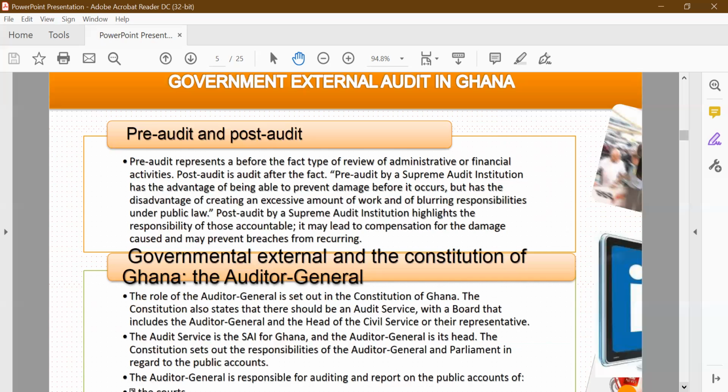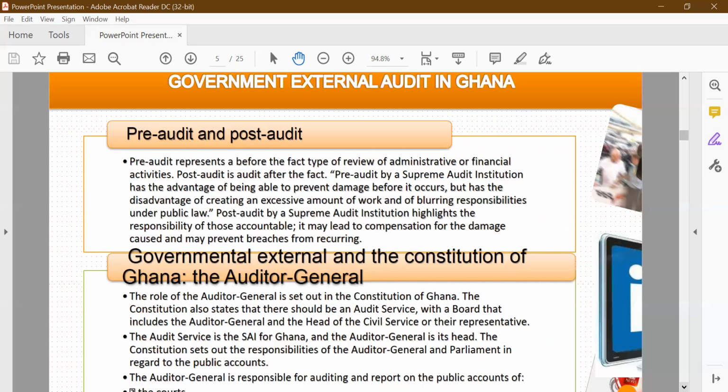Now, post-audit highlights the responsibility of those accountable. It may lead to compensation for the damage caused and may prevent breaches from reoccurring. Now, post-audits, because it's reactive and it occurs after the fact, it only highlights the responsibilities of those accountable.